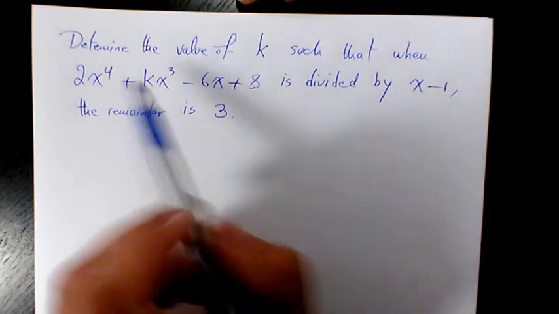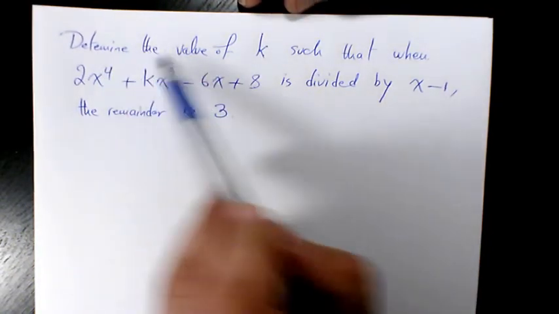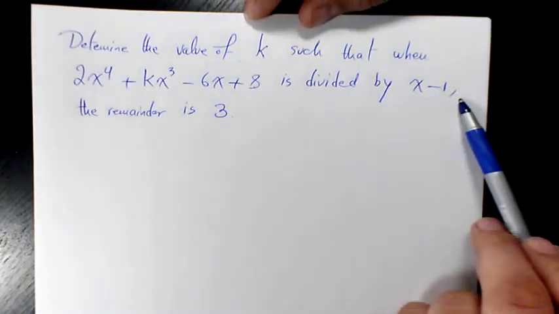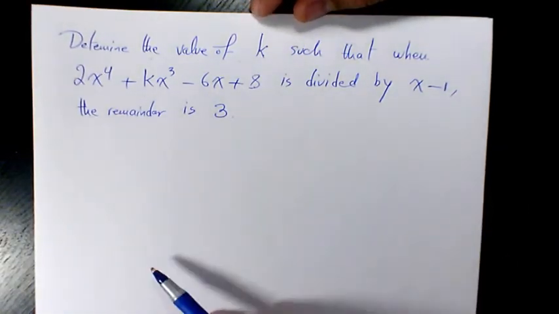So it says determine the value of k such that when you divide this polynomial by x minus 1, the remainder is going to be 3.